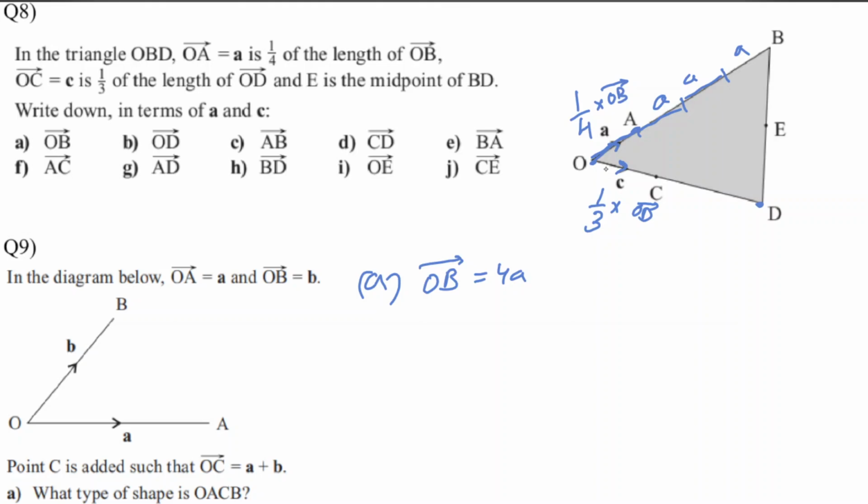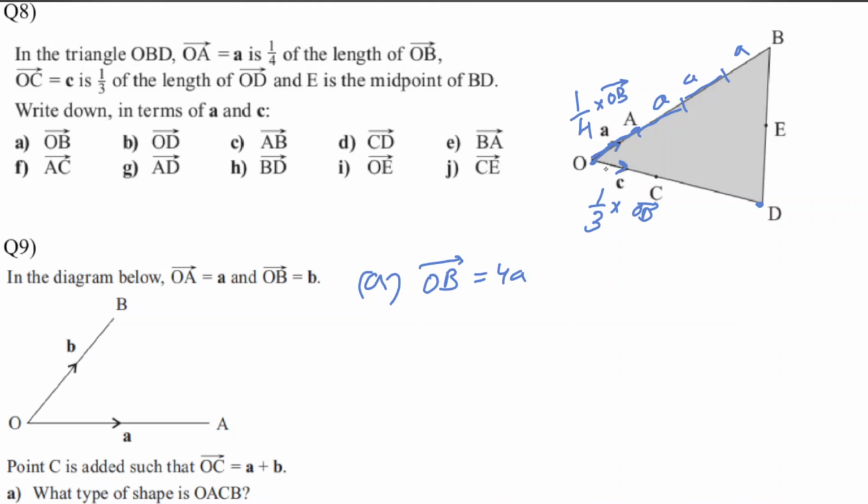Why is it 3A? Because this part is 1 by 4th, so this should be 3 by 4. 3 parts should be there. If this is A, then this should be 3A. So AB is equal to 3A.